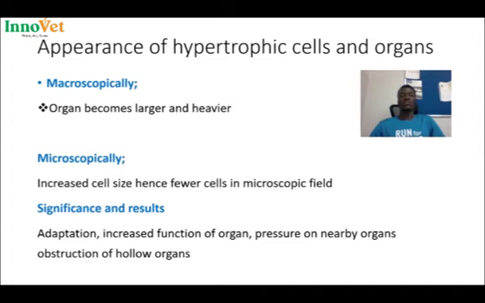If the organ goes on expanding in size, the result is obstruction or occlusion of this organ. For example, if the hypertrophy is occurring within the GI system, basically the esophagus of horses, the esophagus will block, and the animal can die because it will be expanding and squeezing even the trachea. So it can result in death.